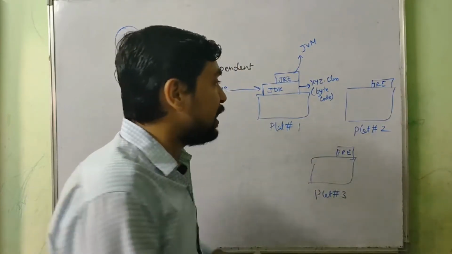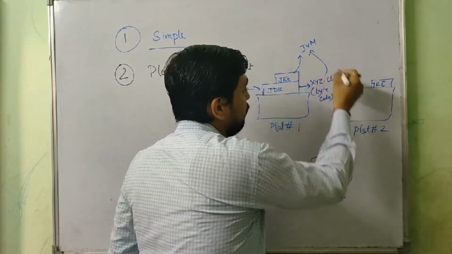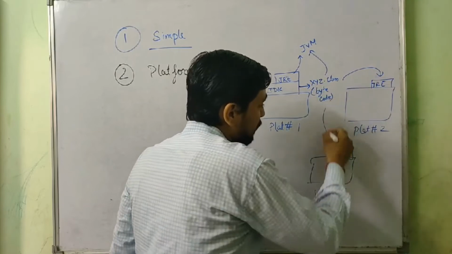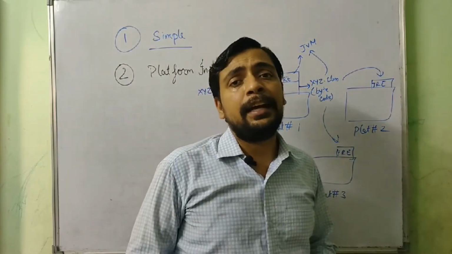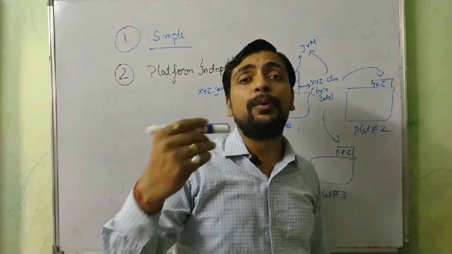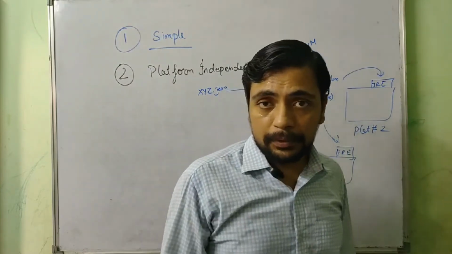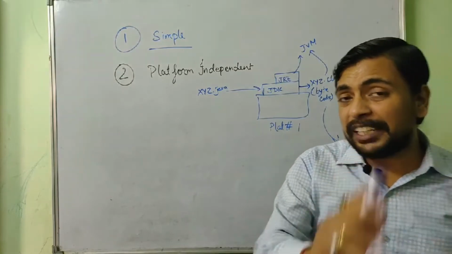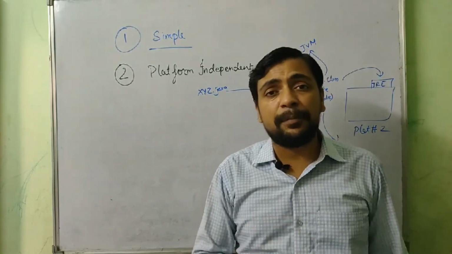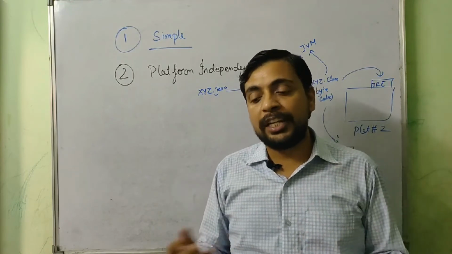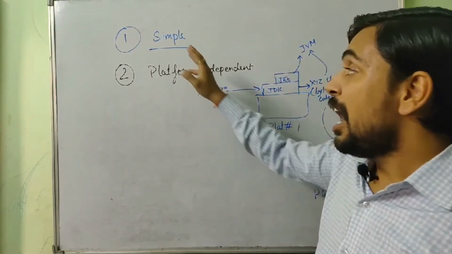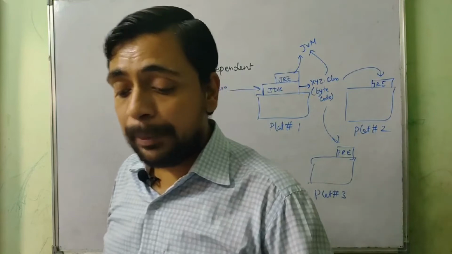So I provide this bytecode to the JVM of this platform or the JVM of this platform. They will understand it and they will execute it on their own platform. So because of Java Runtime Environment or because of JVM, we are able to run Java programs on any platform. I hope you understood how Java is platform independent.